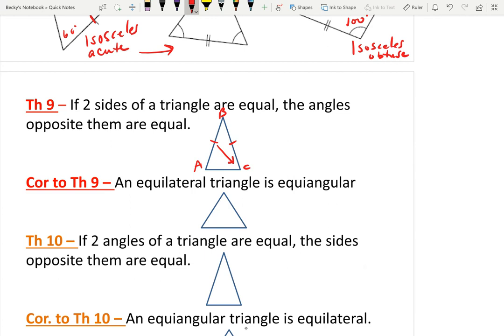So across from AB is the other letter, angle C. What's across from BC? What letter are we not using? That's angle A. According to this theorem, if two sides are equal, the angles opposite them are equal, so we know angle A is equal to angle C.